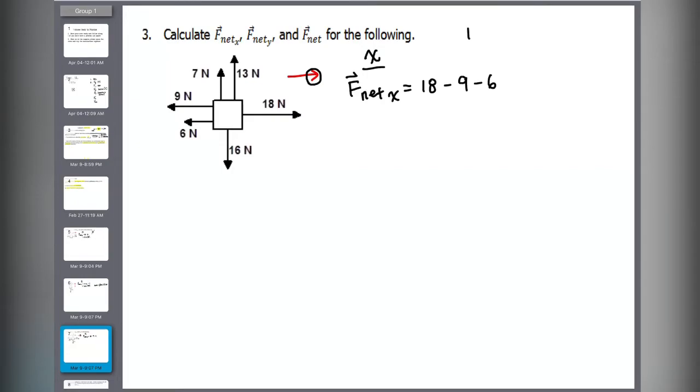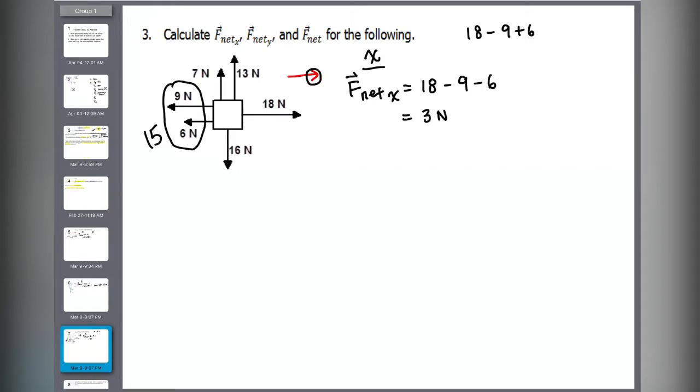Some of you might tell me that this is 18 minus 9 plus 6. Common sense wise, tell me what answer this should be, without doing the physics. Just look at the picture. I have 18 to the right, 9 and 6 to the left. Is it okay if I say that that is 3 newtons? Because together, the 9 and the 6 make 15, right?